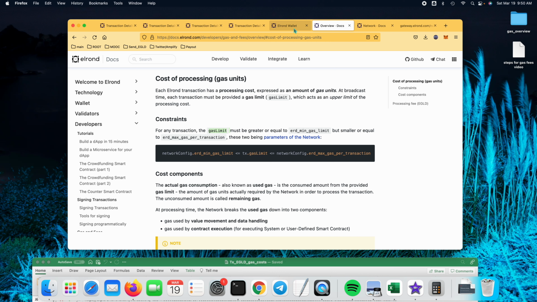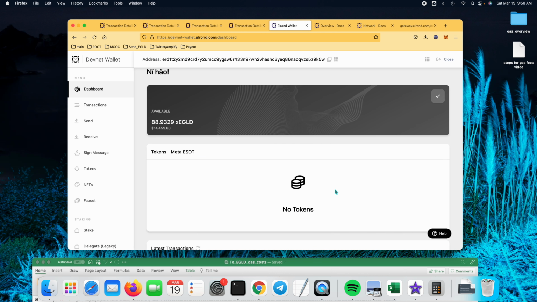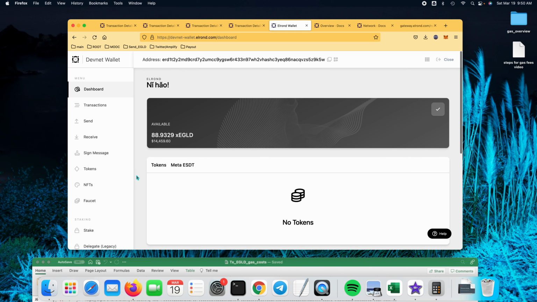And the most basic one is when you send in your wallet, but you'll also be doing this in your code or from the command line using ErdPy to deploy and whatnot. So if you're using that, you're already familiar with gas costs, but here we want to go a little bit further and look into that.